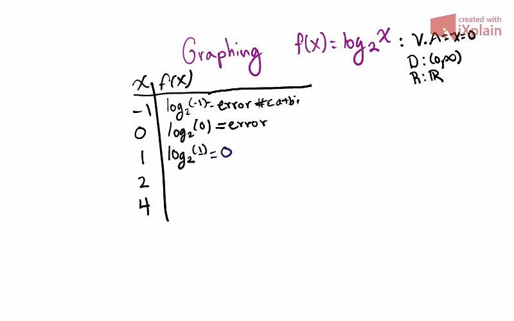So it works. So log base 2 of 1 is 0. Let's do log base 2 of 2. What power of 2 gives you itself? 1. Yes, that's good. And if you do log base 2 of 4, what power of 2 gives 4? Well, 2 squared gives you 4.